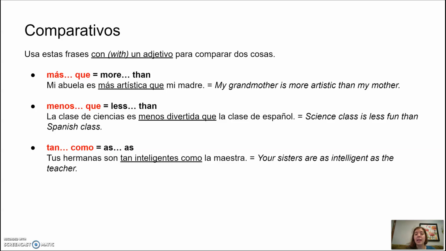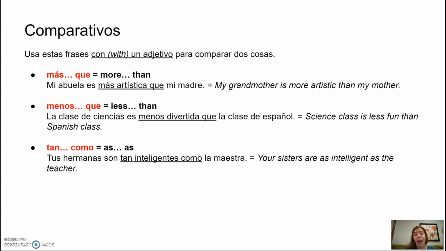Continuamos con la frase tan como. Here it says as. Now we might not be sure how that gets used in English. It would be to say that something is as important as something else, or another adjective in that phrase. Let's look at the example.